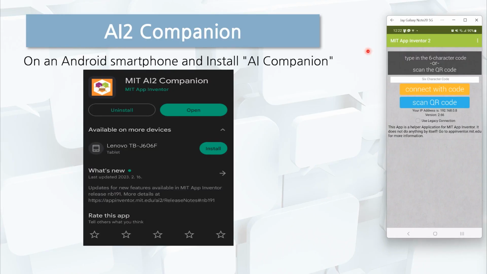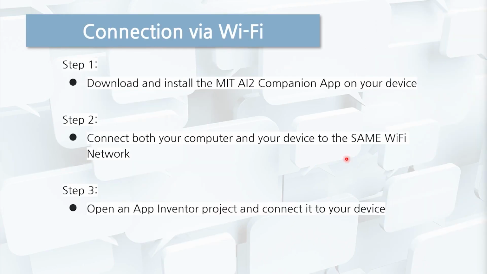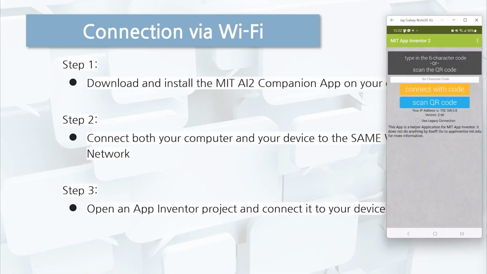Then how to connect it? As I mentioned before, we already downloaded and clicked the button, and then the application pops up. And especially you have to keep in mind that your computer and your mobile device are connected to the same Wi-Fi.